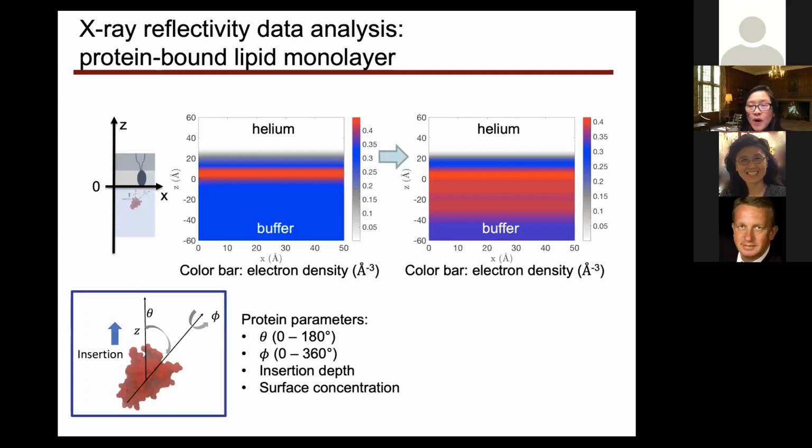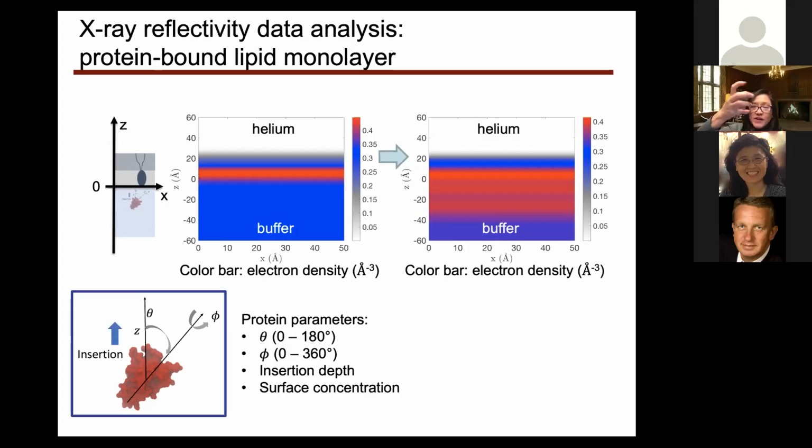What we do is use the initial known crystal structure, even though that is just a freeze frame, as our starting point. We rotate it in all possible configurations of theta and phi, as shown in this figure. For each orientation, we can simulate what it would look like by chopping up the Z electron density.